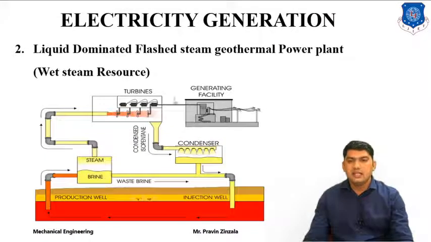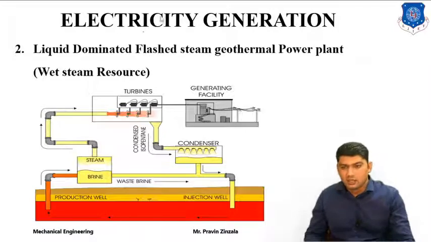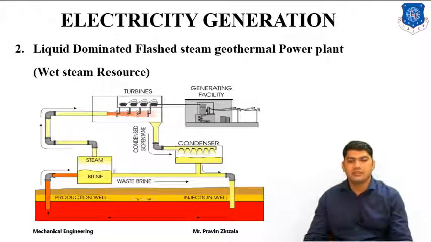Next is the liquid dominated flash steam geothermal power plant, where we get liquid or hot water from the earth. So it's called wet steam resources. Whenever we drill a deep well, we get hot water, or in some locations we get hot water on the earth's surface.